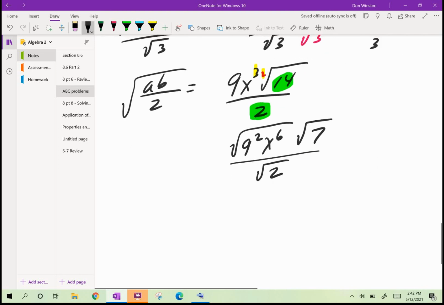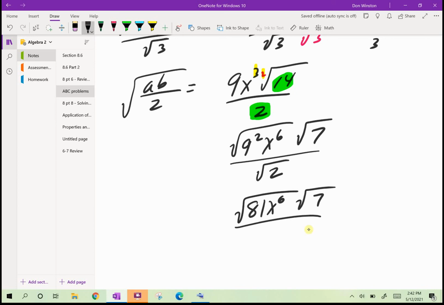All right. So let's evaluate this. The square root of 9 squared would be 81. X to the 6 times the square root of 7 divided by the square root of 2. And then 81 times 7, what's that, 567? Wow, that's a big number. So 81 times 7 is 567.